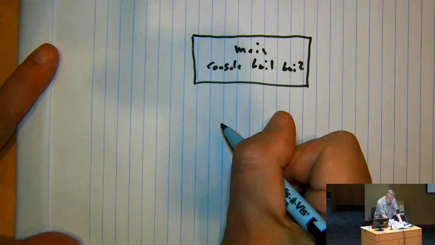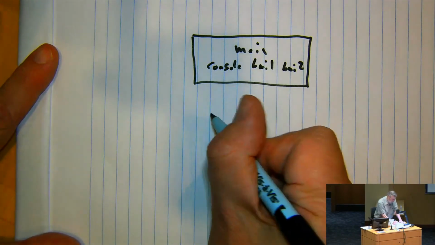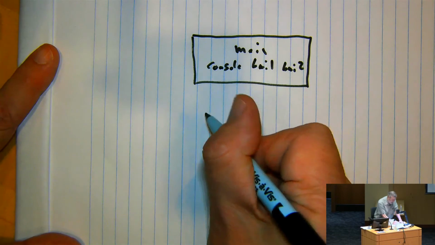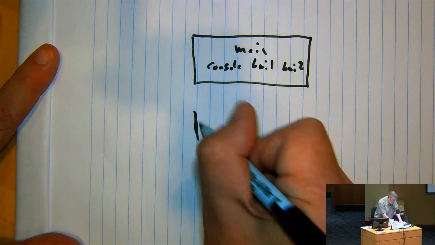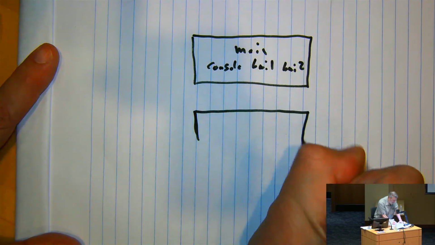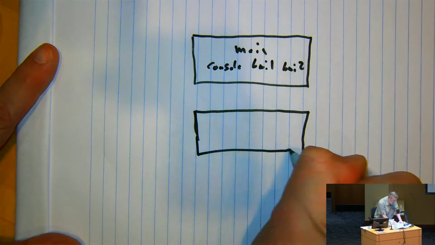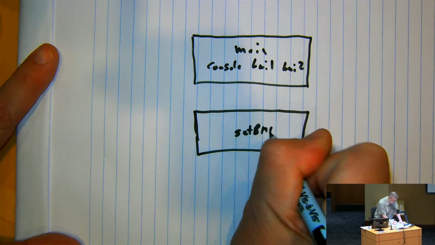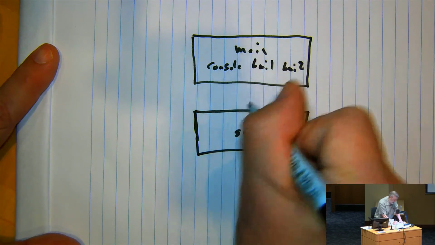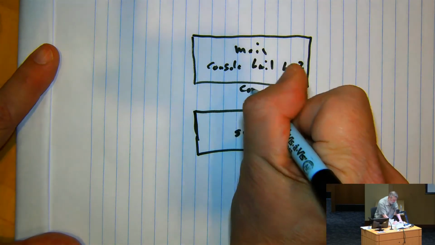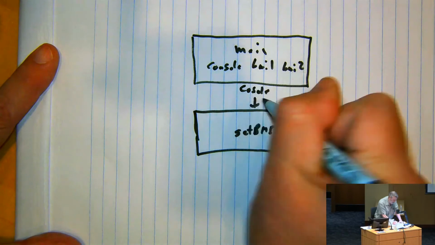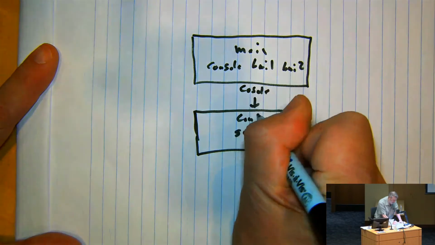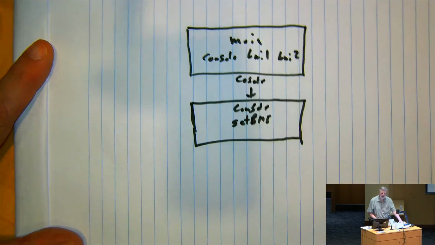And what we did here is we basically ended up calling a method. There was a method that we made that was called getBMI. And we passed in the console scanner. So that got passed into the getBMI method. Console was passed into getBMI.